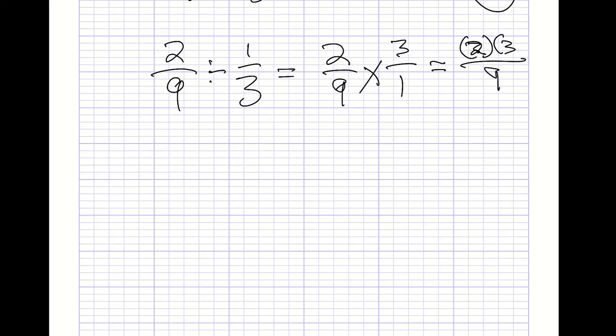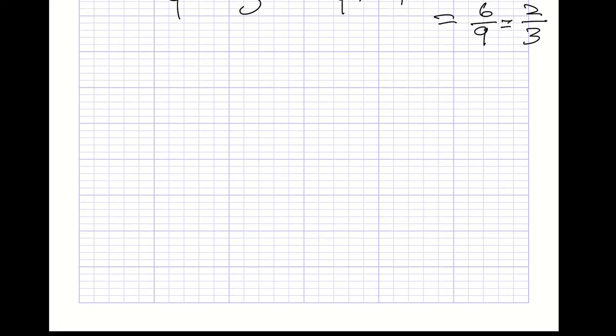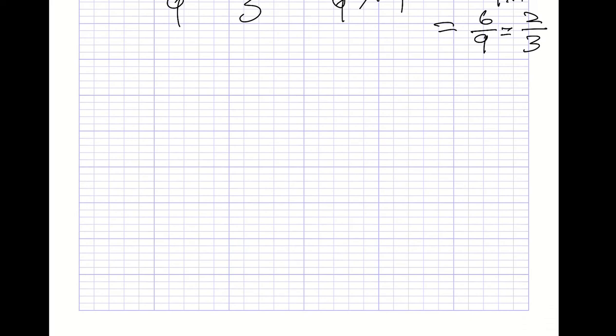Basically, we'll have 2 times 3 over 9 times 1, which is the same thing as 6 over 9, the same thing as 2 over 3. Yeah? Okay, so we'll do another example. Let me give you a mixed example. That's what I just showed you is how you do it. You follow that instruction, you won't have any problem.